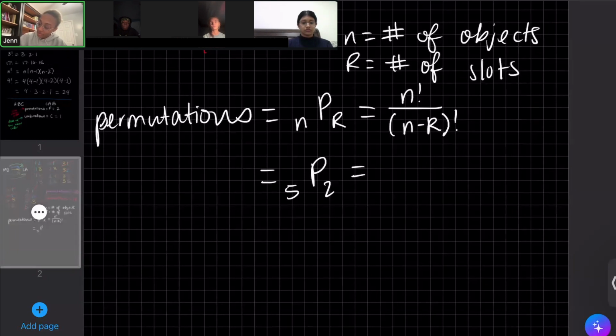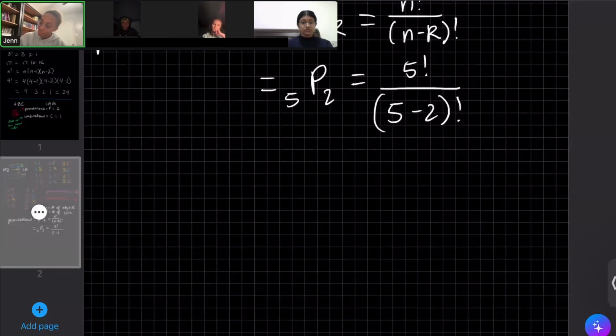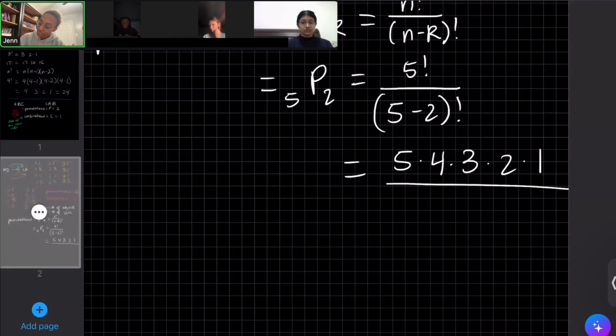Then we just plug everything in. So we have 5 factorial over 5 minus 2 factorial, which is equal to 5 times 4 times 3 times 2 times 1 over, oh, this is 5 factorial over 3 factorial.